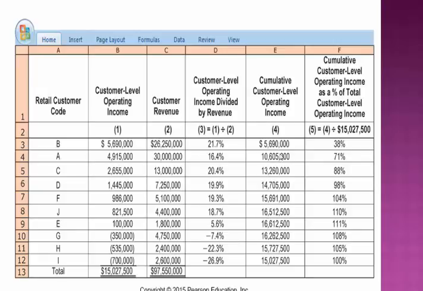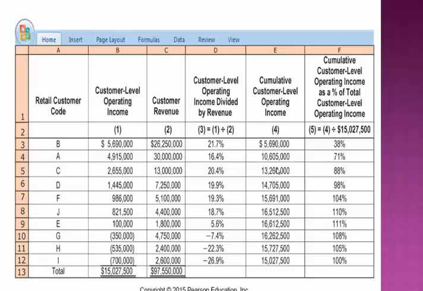We've got the cumulative amount of 10,605, add the operating income from this customer, 2,655,000, to give us 13,260. 13,260 as a percentage of our operating income for the year means 88% of our operating income for the year came from the first three customers.